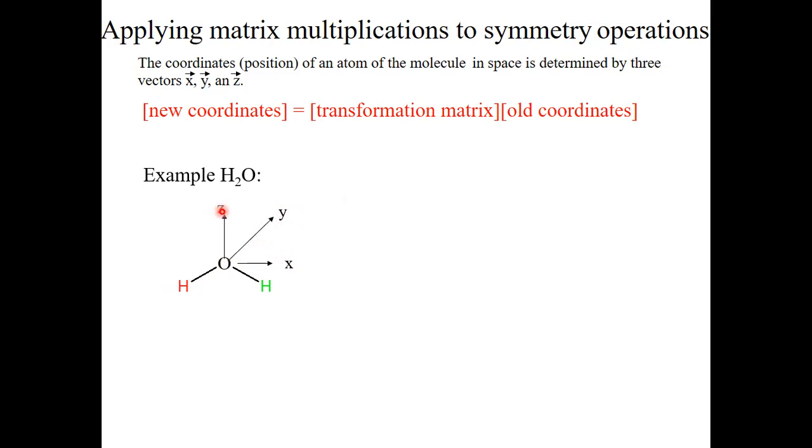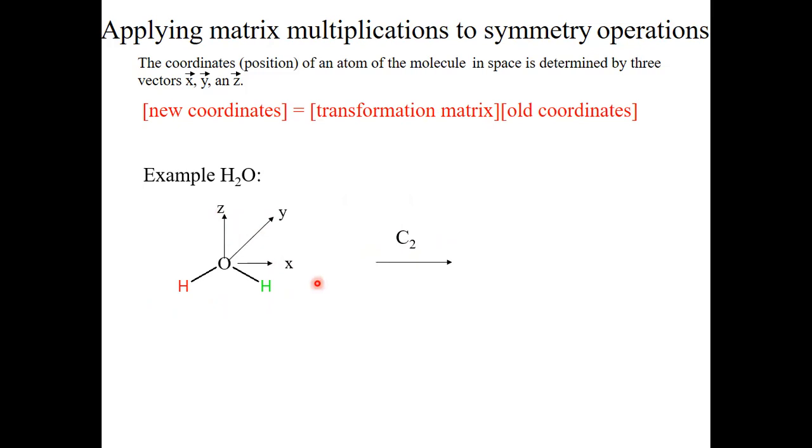All right. Now, any point in the molecule can be described by 3 vectors x, y, and z that represent the coordinates of each point in space that belongs to the molecule. So now we know that we have a C2 symmetry operation in the water molecule.